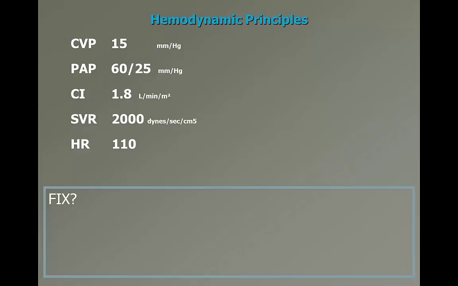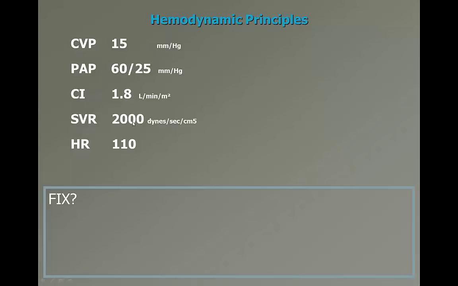Because the cardiac index is low in the presence of lots and lots of volume, you know this is a contractility issue. When there's plenty of volume and not enough cardiac output, the contractility is low. That is the primary problem.